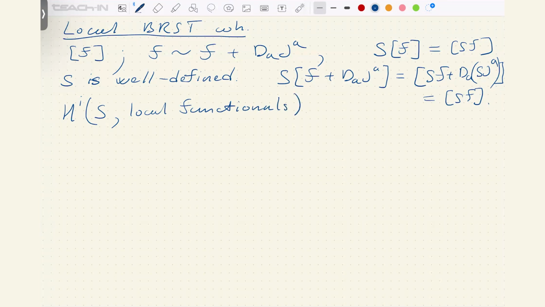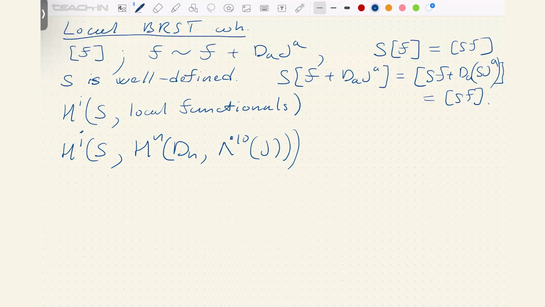If we use language of differential forms, then we can say that it's H^i of S in this space, like this, right?